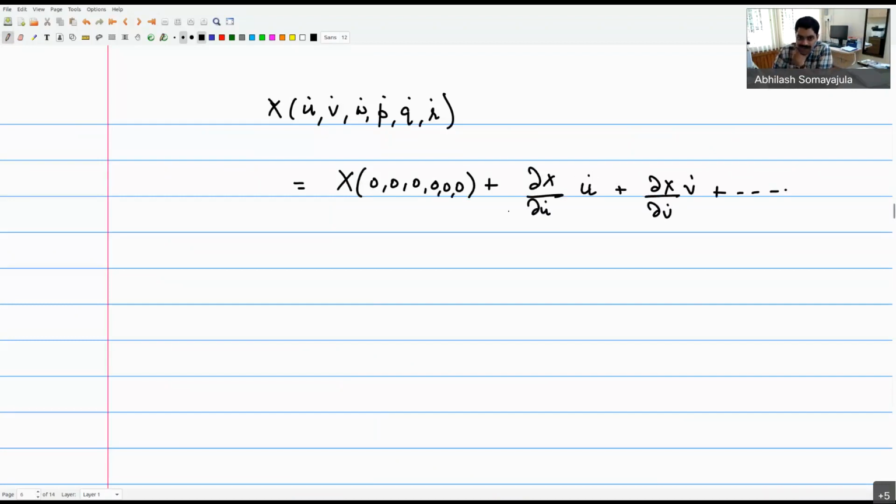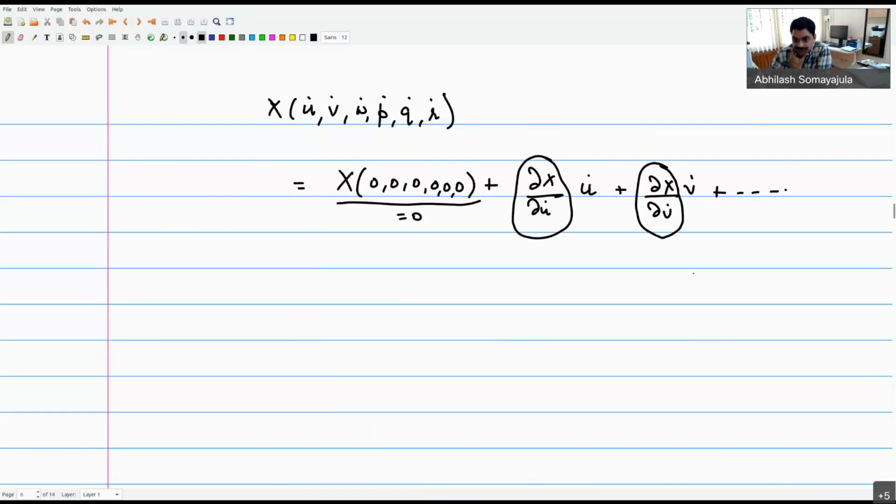We know that when there is no acceleration, this force will be 0. When the body is not moving, there's no added mass force coming into the picture. But if it is moving, then I can approximate this total force as something times u dot, something times v dot, and so on.